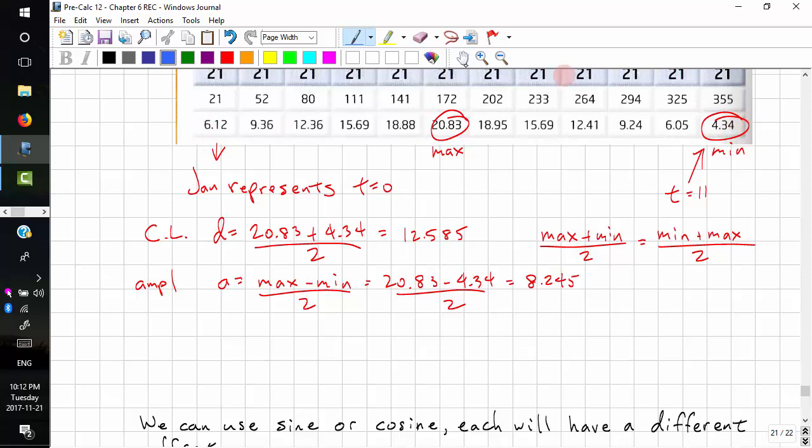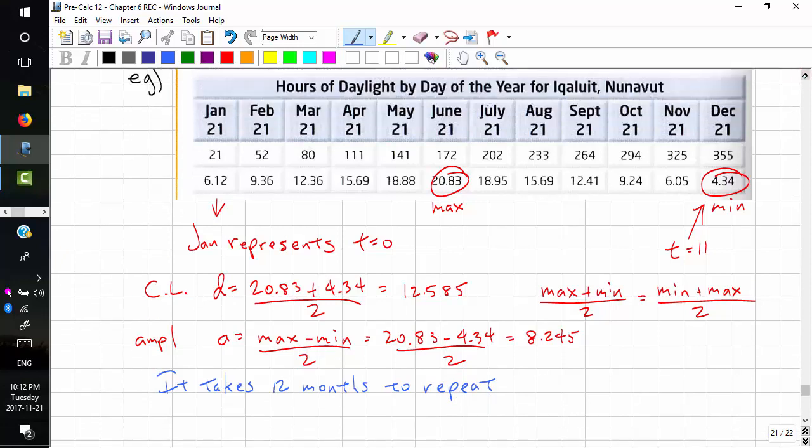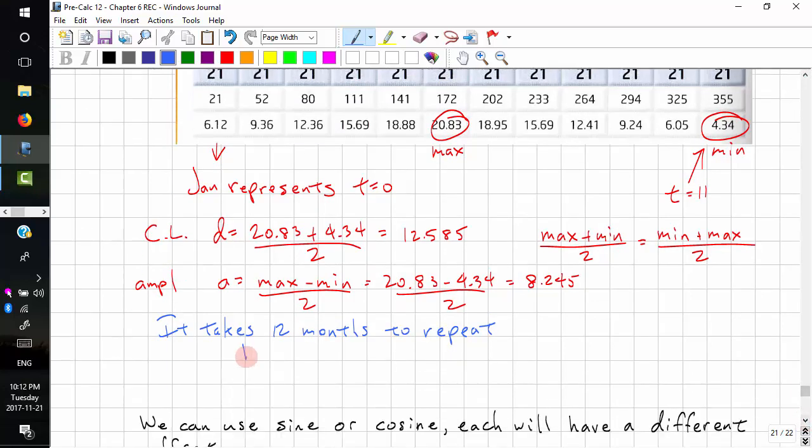So 12 months completes the cycle. And that makes sense because this is hours of daylight by day of the year. So B equals 2 pi over 12, and that equals pi over 6.